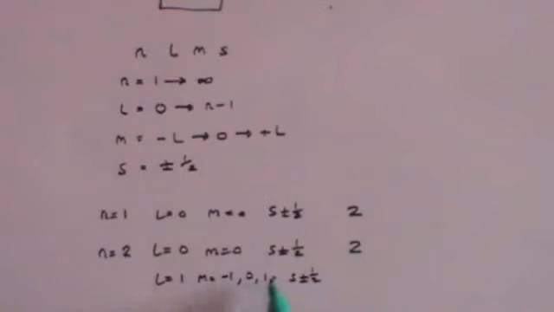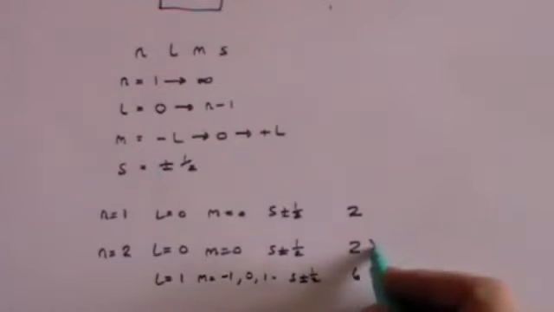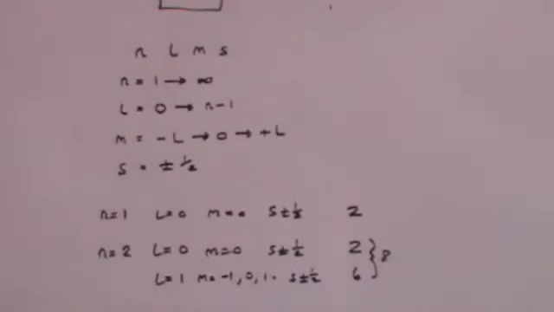So you've got 3 options, each with a plus or minus a half, so that's 6. So consequently, in the second shell you have a maximum of 8 electrons, and overall you have 10.